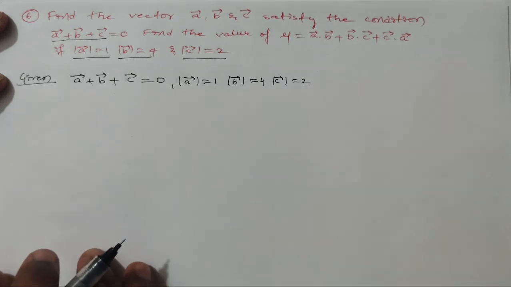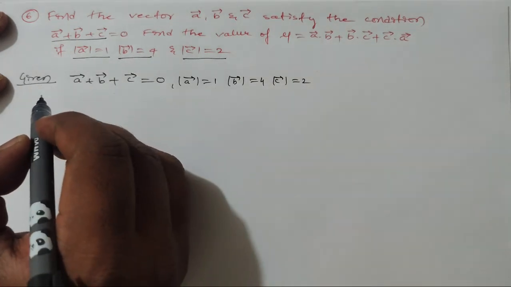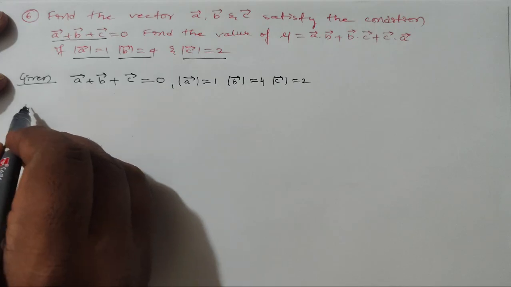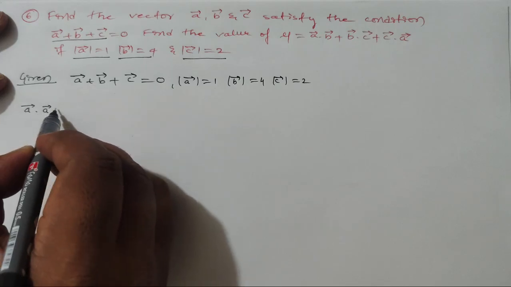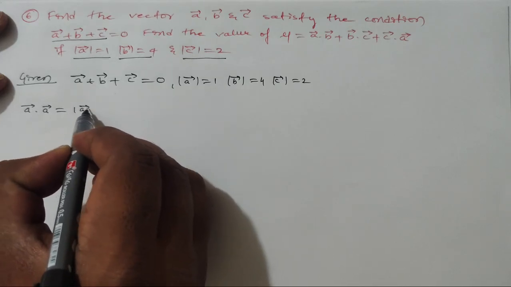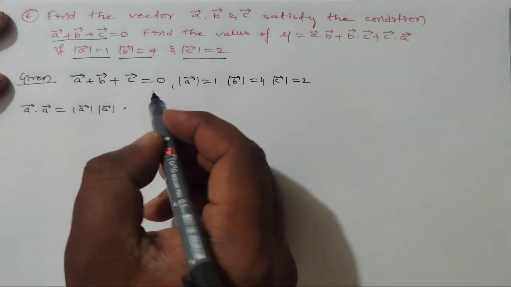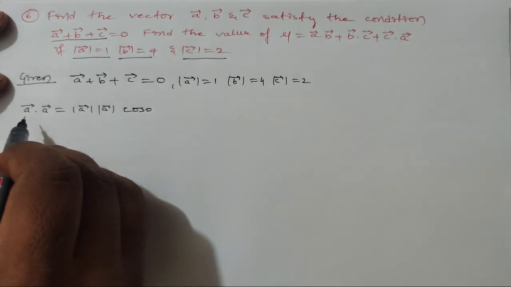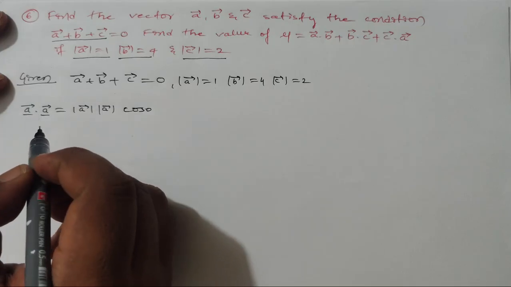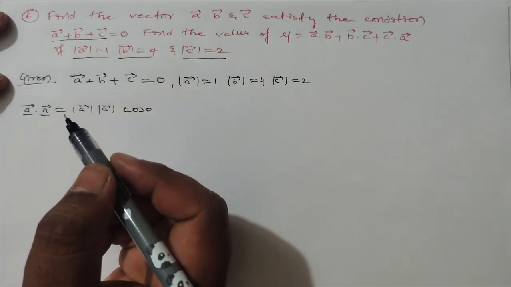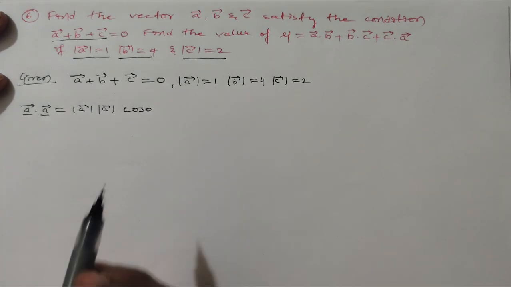Okay, right. See, you know, a vector dot a vector is equal to magnitude of a into magnitude of a into cos 0. The angle between the same vector is 0, cos 0.